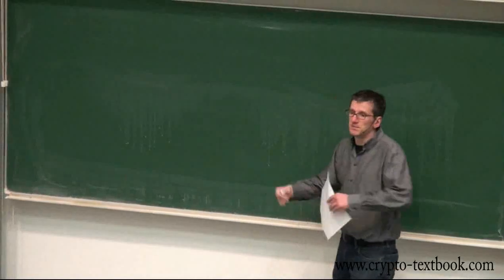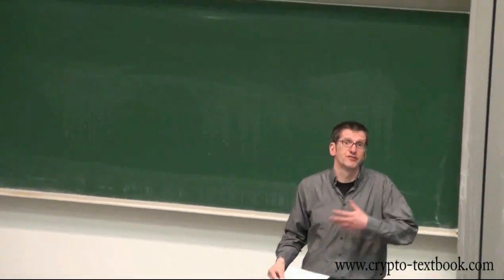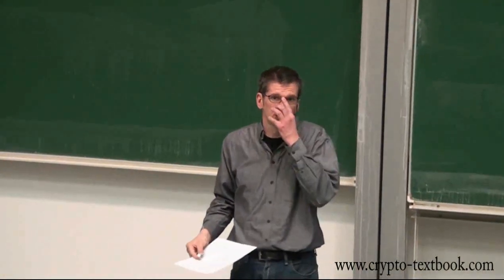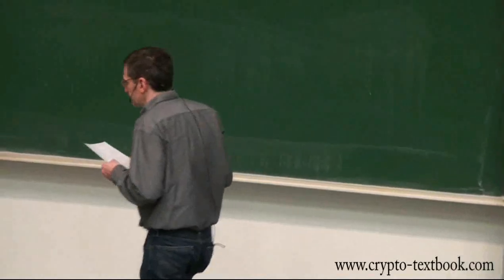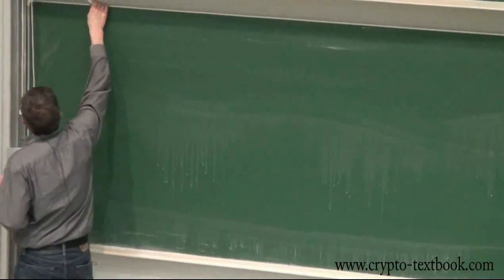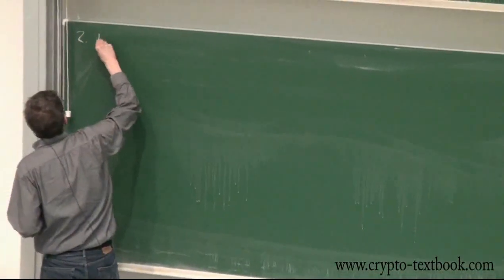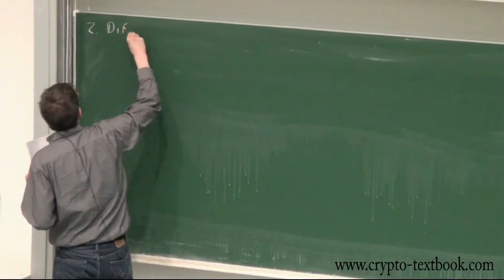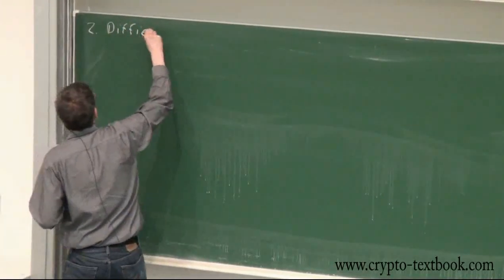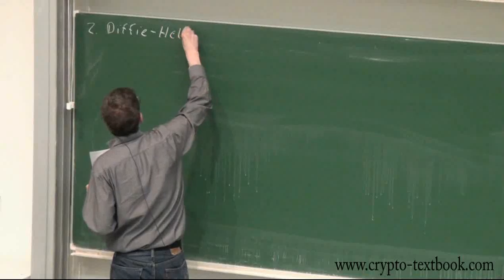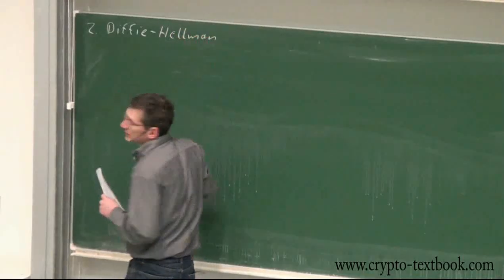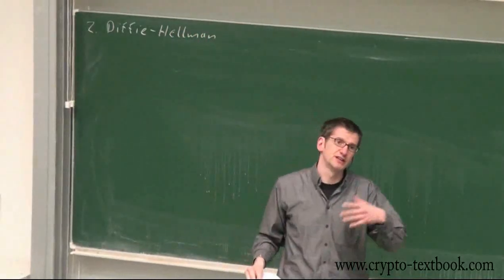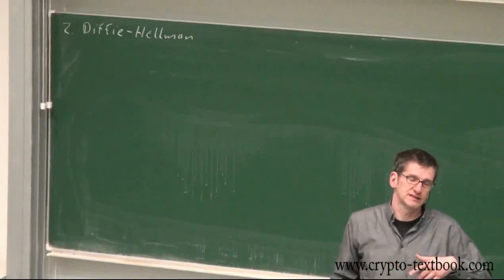We want to look at the big major, historically the first application of the discrete logarithm problem, that was Diffie-Hellman key exchange. So chapter number 2 has to do with Diffie-Hellman. But we're not only talking about the Diffie-Hellman key exchange, that's what we did last time we met.